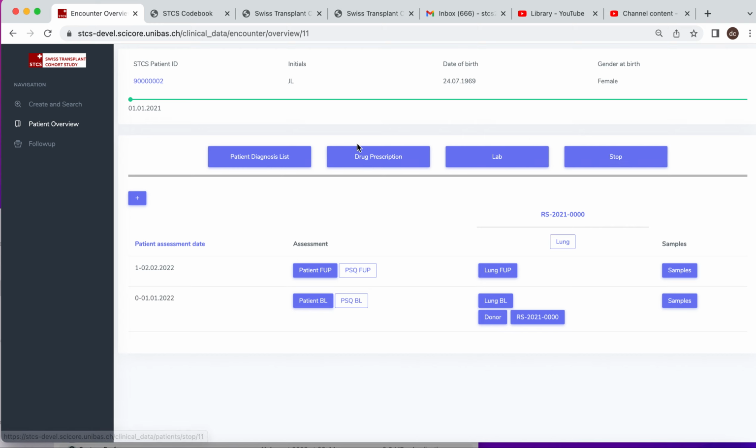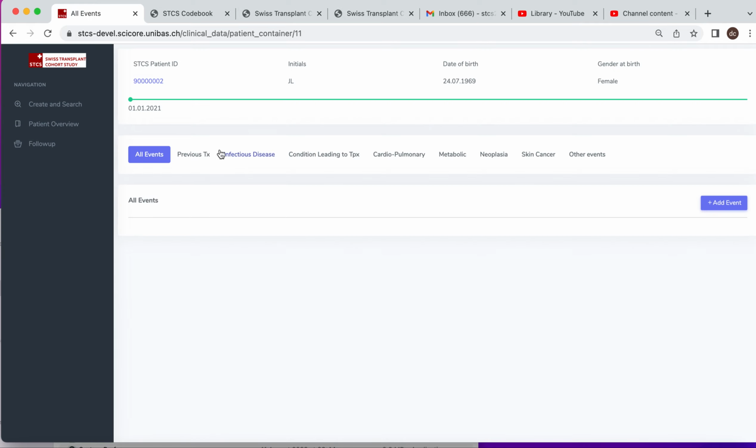You can see them reported here. So specific patient diagnosis and diseases like previous transplantation, infectious diseases, conditions leading to transplantation, cardiopulmonary diseases, metabolic, kidney and endocrine diseases, neoplasias, skin cancer, and other important events.